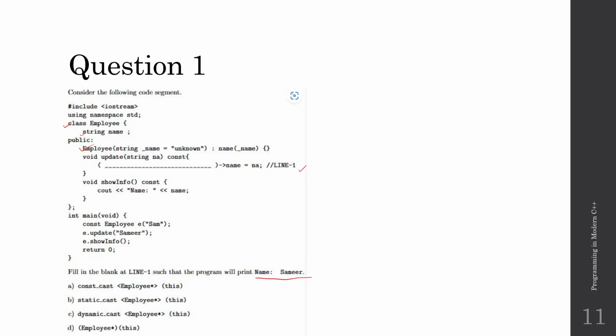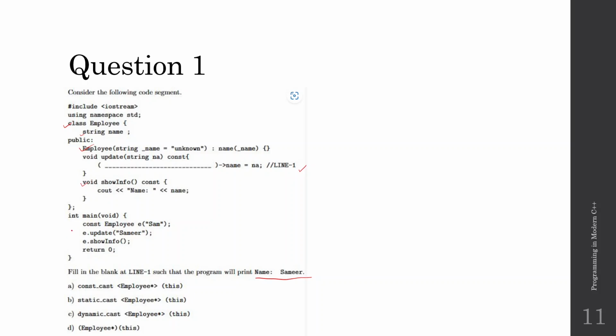Note that it is marked as const, which means that this function is not allowed to modify any of the data members of the class. We also have a show info function which is also const, and hence it is not allowed to modify the class.